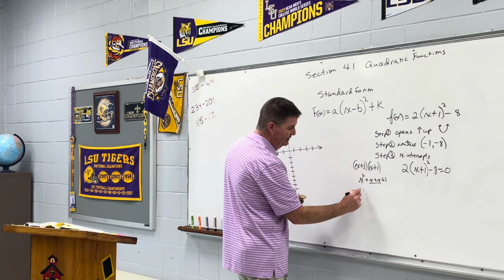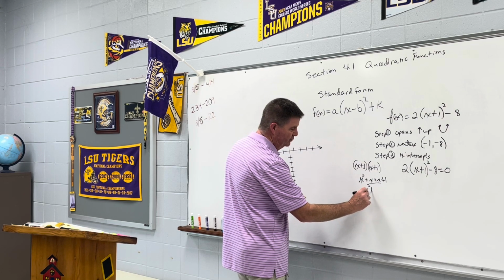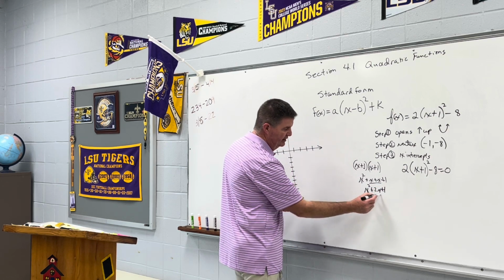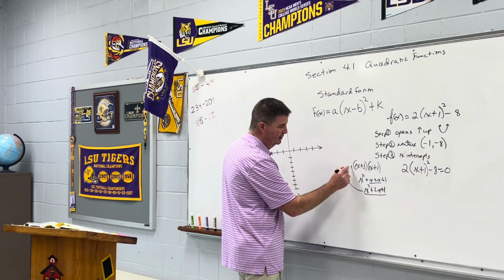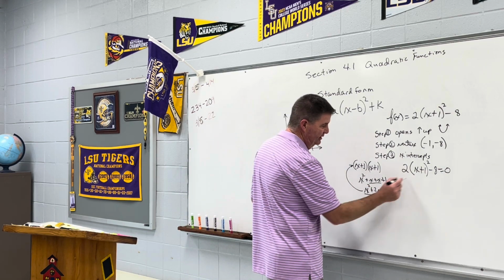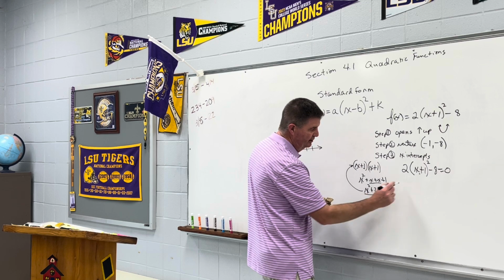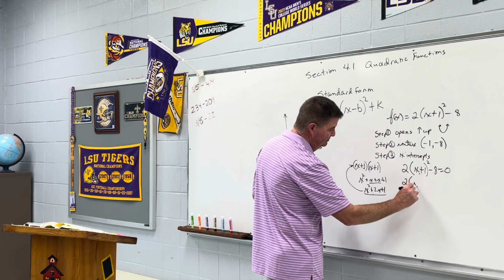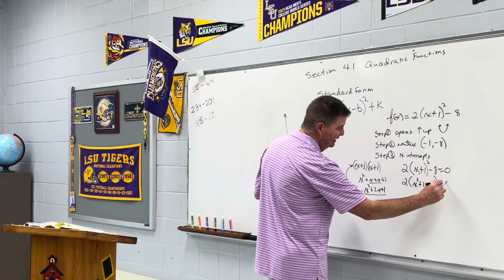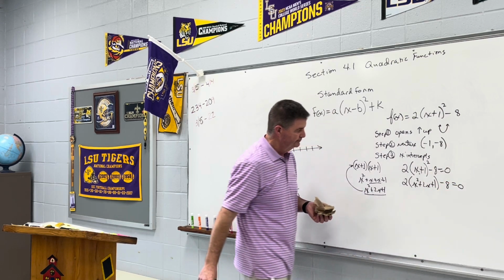Now I can combine these two. That would give me x squared plus 2x plus 1. So this is the product of x plus 1 times x plus 1. So I'm going to replace this with what I just did. That's going to be 2 times x squared plus 2x plus 1 minus 8 equals 0.